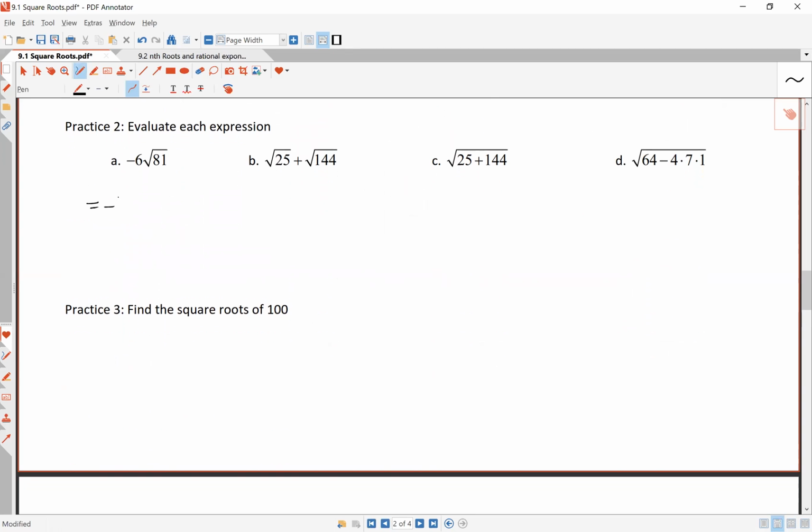Letter A, negative 6 times the square root of 81. The square root of 81 is 9, and so we get negative 54. The square root of 25 plus the square root of 144, that's 5 plus 12, which is 17. If we take the square root of the sum of the two, 144 plus 25 is 169, and that gives us 13.